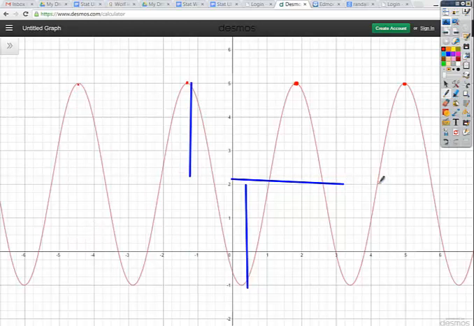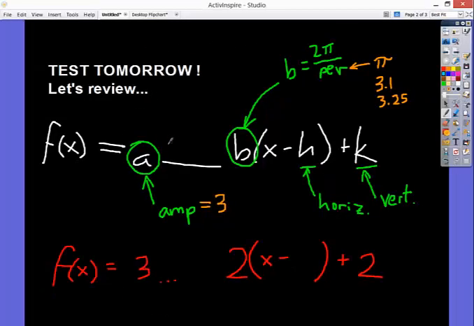Or we could make a rip, and a rip is a rising inflection point. This is not a rip, but this is. This is not a rip, but this is. So any of these points I'm labeling in red could be used as the value of h. Remember, this could be either sine or cosine.